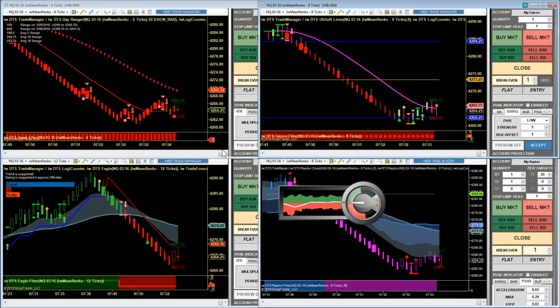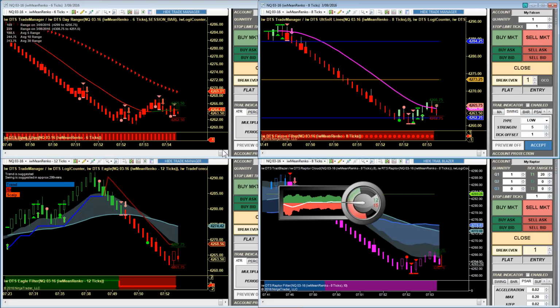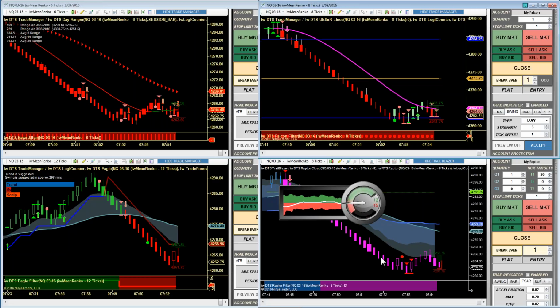Your signal may be working for one type of market condition, but when the market condition changes, your signal no longer works, and you don't know why. Well, it's because the market environment has changed. It's like my grandpa used to say, if the only tool you have is a hammer, then every problem tends to look like a nail. Well, here you've got 4 different tools. Well, essentially 3 different tools. The Raptor's kind of a blend.